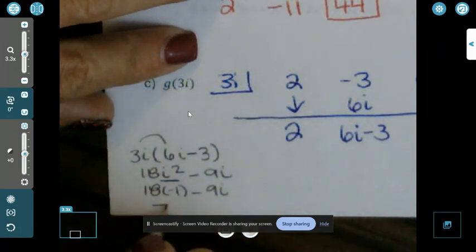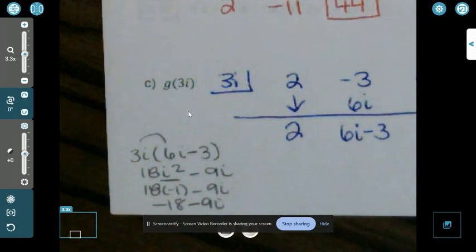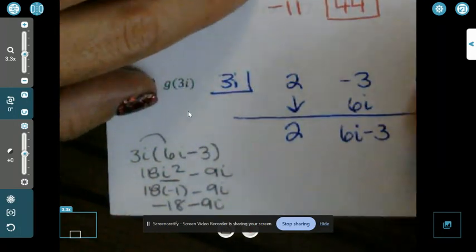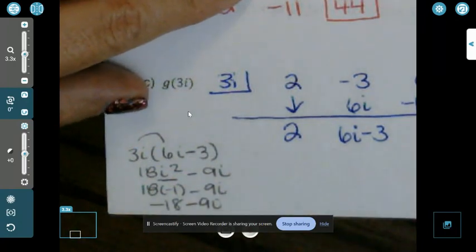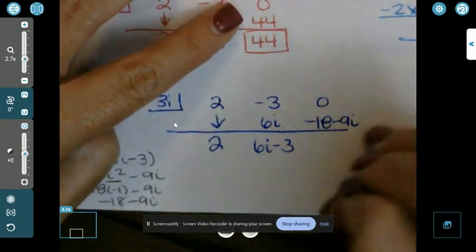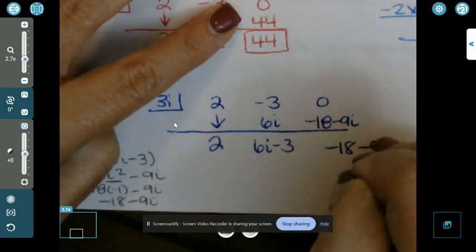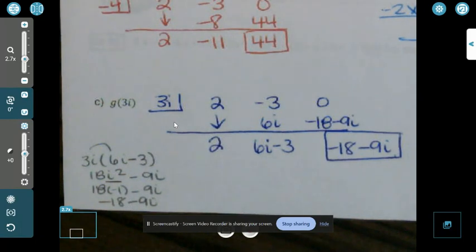So that's going to turn into -18 minus 9i. So that is what's going to go here. And then again, adding that to 0, our final answer is negative 18 minus 9i. All right, so that's synthetic substitution.